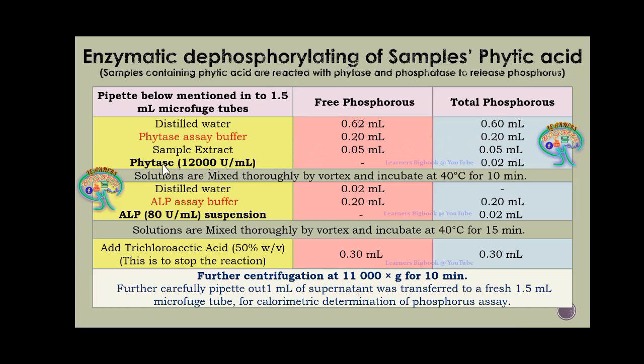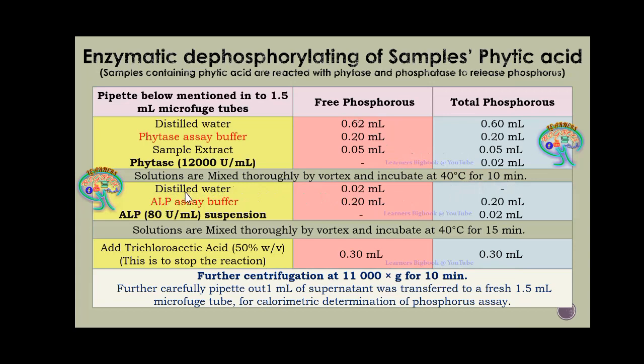Further, you have to add phytase suspension, that is the phytase enzyme, only to the total phosphorus microfuge tube, 0.2 ml. Then you vortex or mix thoroughly the components of both microfuge tubes and incubate at 40 degrees centigrade for 10 minutes.